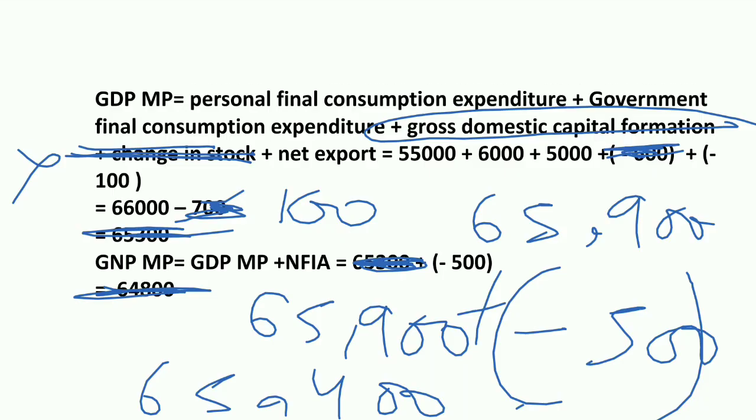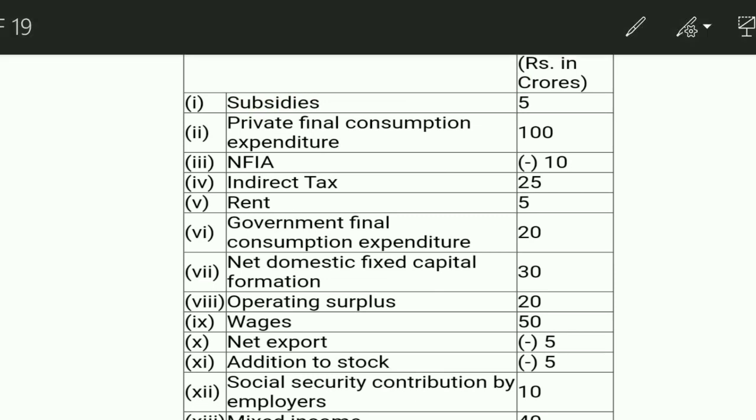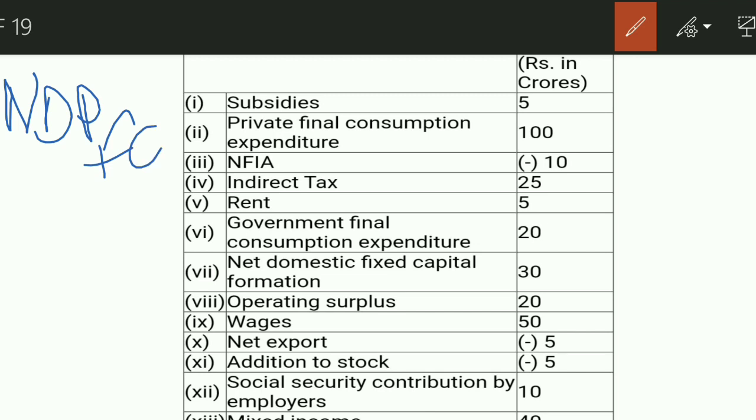Now there is the next question. Here we have to calculate national income by income method as well as by expenditure method. Now see, in order to calculate national income by income method, you all know that first of all we need to reach NDP at factor cost. NDP at factor cost is a sum of compensation of employees, operating surplus and mixed income of self-employed.